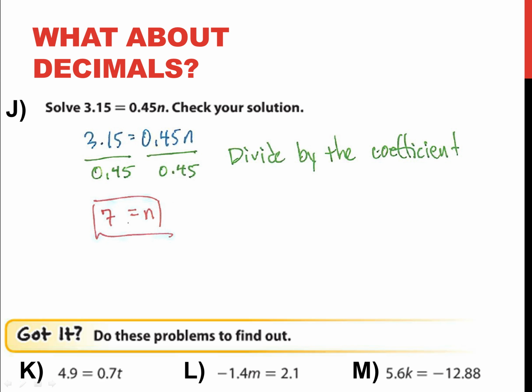Example M is 5 and 6/10 times K is equal to -12 and 88 hundredths, or 5.6 times K equals -12.88. All right, go ahead and pause the video, work out K, L, and M using J as a guide, and I'll be here when you get back.